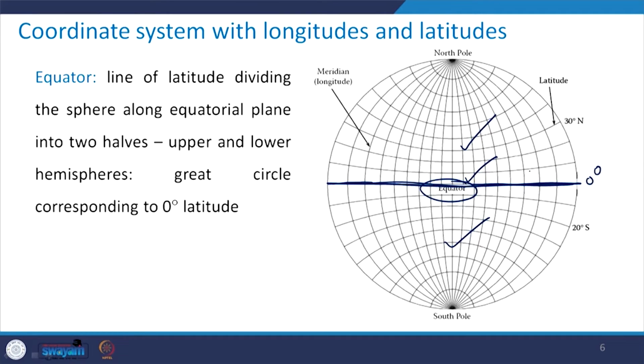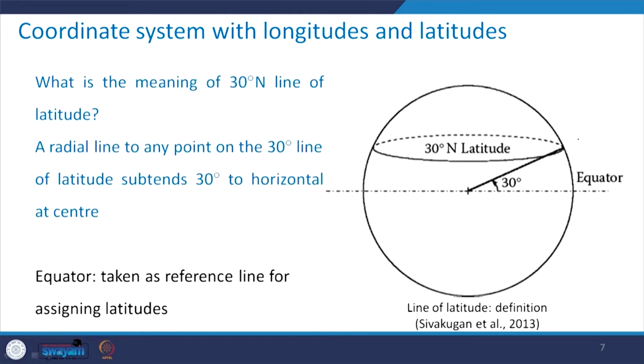Why is this a great circle? Because it is the intersection of a plane with the reference sphere, both having the same center. What is the meaning of 30 degree north line of latitude? This picture shows what it means. This is the reference sphere and the equator is there.